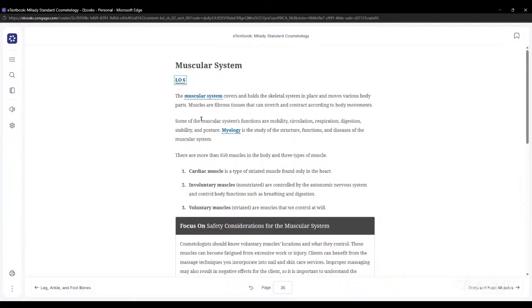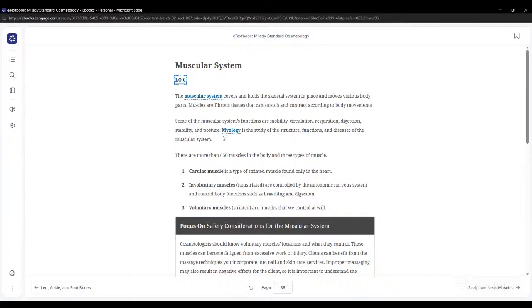They like to do the neck area, the décolleté area as well, because a lot of women see age first in the neck and chest area. And so you'll see a lot of massage and product application in those particular areas because they want to look younger. So that's the muscular system.